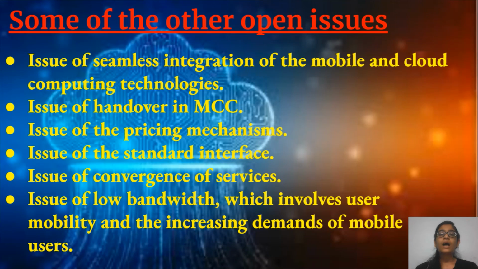Some other open issues are seamless integration of the mobile and cloud computing technologies, handover, pricing mechanisms, the standard interface, convergence of services, and low bandwidth, which involves user mobility and increasing demands of mobile users.